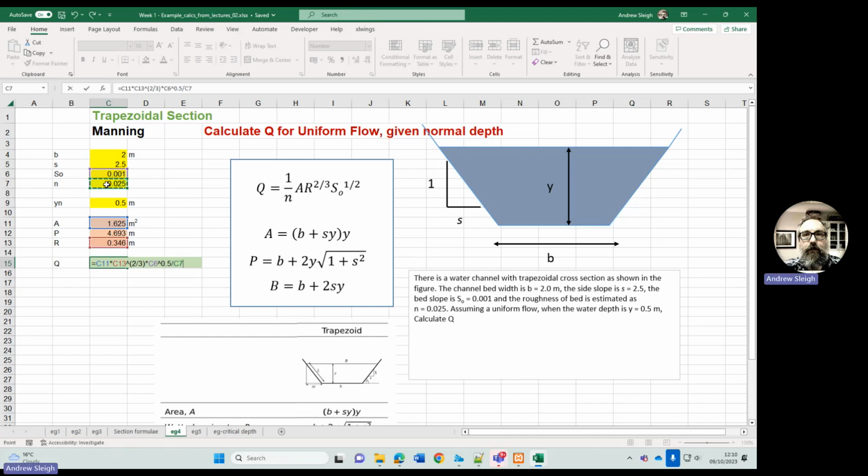Now, you can put extra brackets in here if you think it'll help you get the equation right, but you don't need them. So the flow for this channel is 1.014 meters cubed per second. You noticed how I've only got 3 decimal places here. If you get many more than that, it gets confusing. And in fact, let's just look at R, for example.